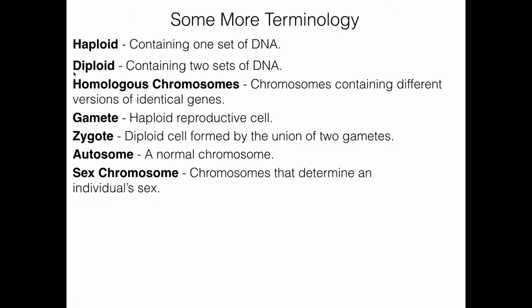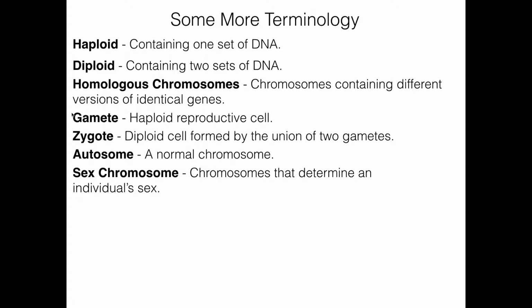When you pass on your genes to your children, you will only pass on half of your DNA. You will make what is called a gamete. These are sperm or eggs. Each gamete that you make will only contain one of each gene, one of each chromosome.